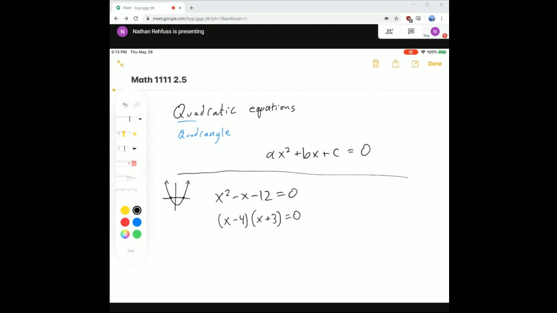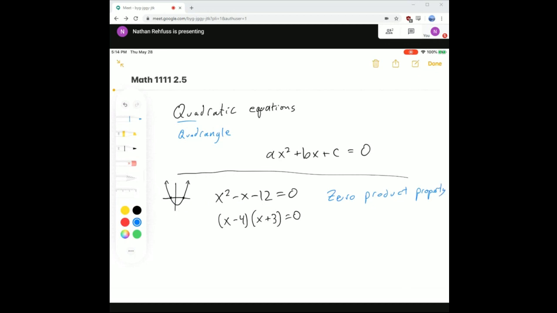Having the factors of a polynomial is almost the same thing as knowing the roots. You can go from one to the other very quickly because of what we call the zero product property.